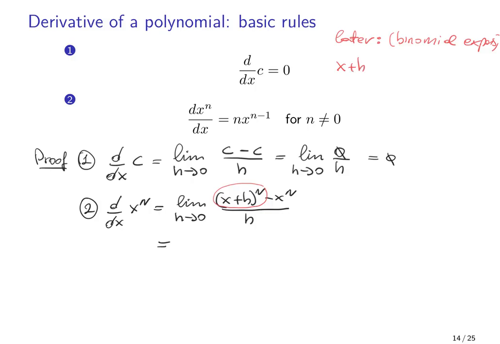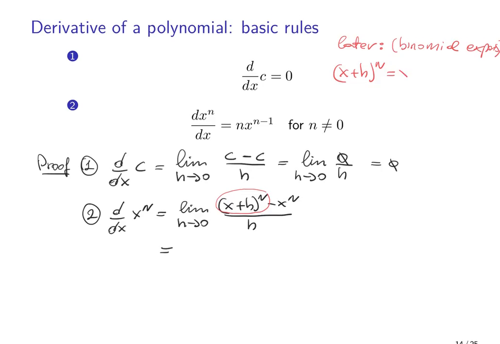X plus h to the power n is going to be the following. It's going to give us x to the power n plus h times n x to the power n minus 1.